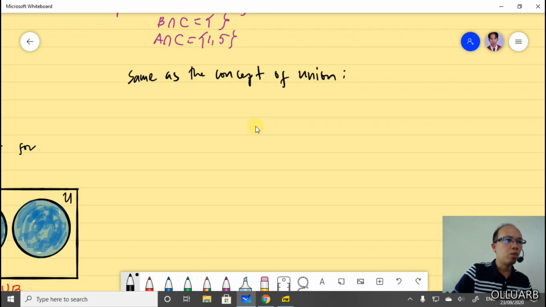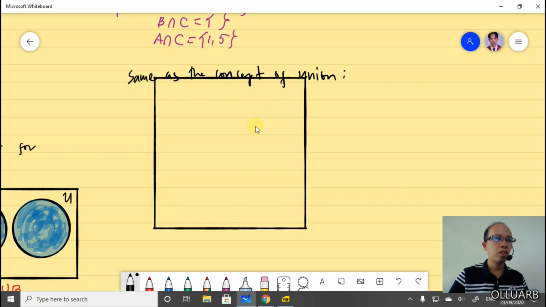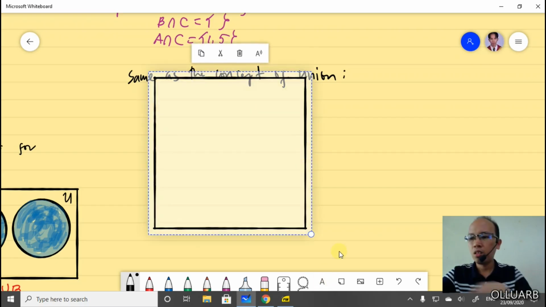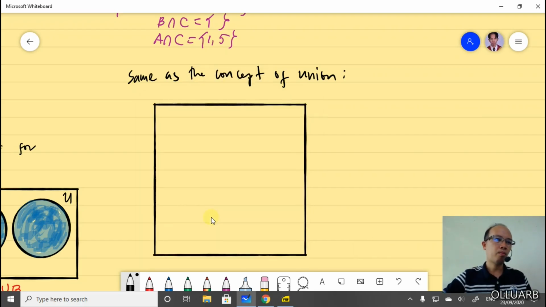So for example, if you have a Venn diagram, let's move this downward. Hopefully I can make a perfect circle in just one stroke. For example, this is your set, your universal set.